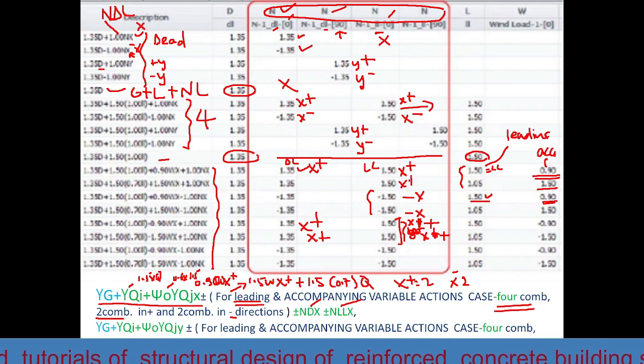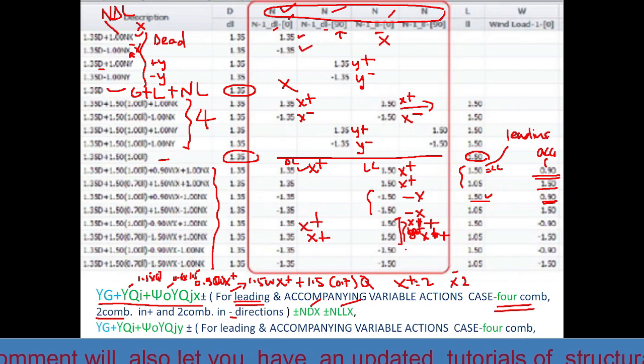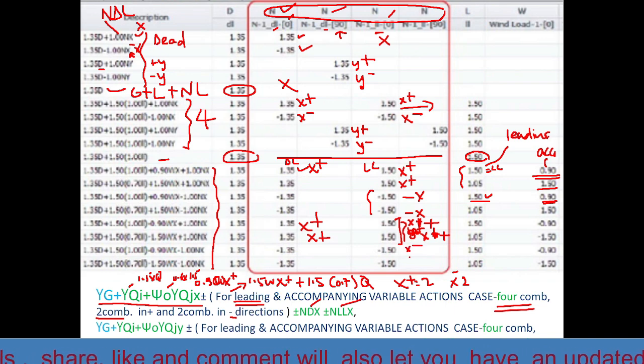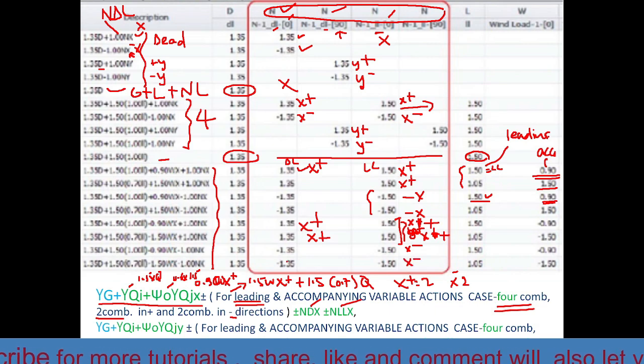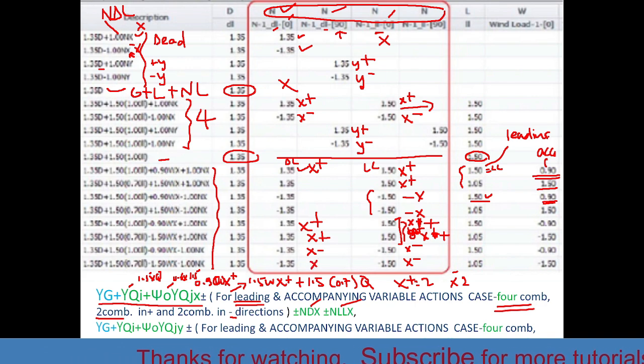This is x positive. So this is also the live load for x negative. This is for x negative, and this one is x negative for dead load. This is for dead load and this is for live load.